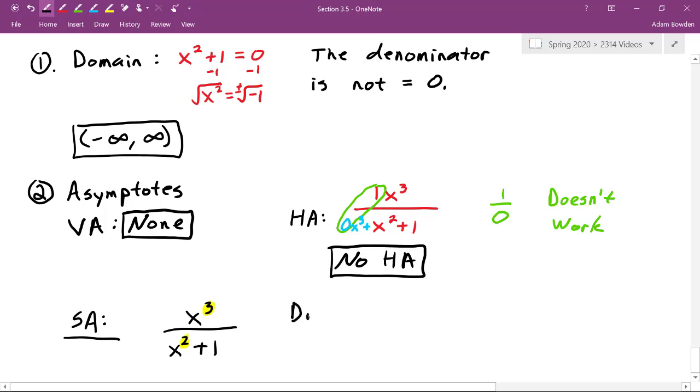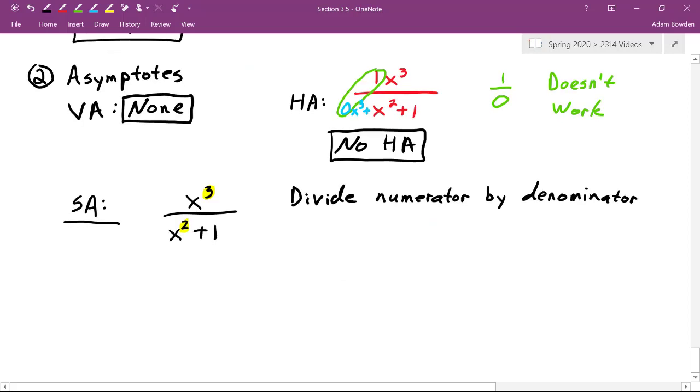To figure out what the slant asymptote is, we divide the numerator by the denominator. In this case, we're going to have to use long polynomial division in order to facilitate this. So what we're going to do here is take x squared plus 1, divide it into x cubed.